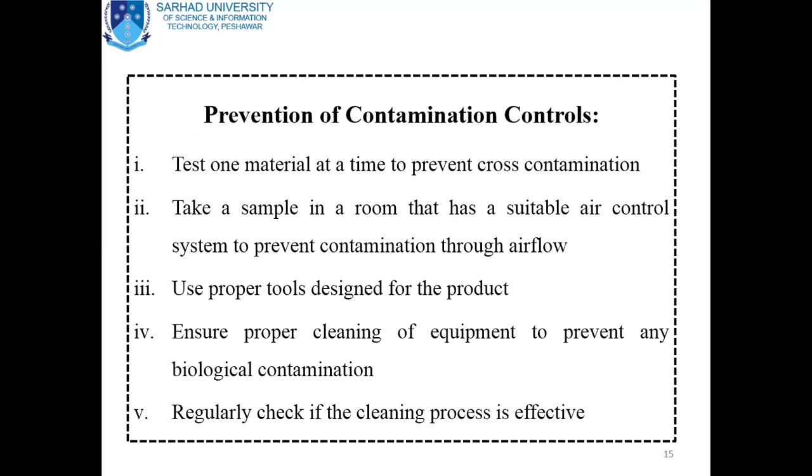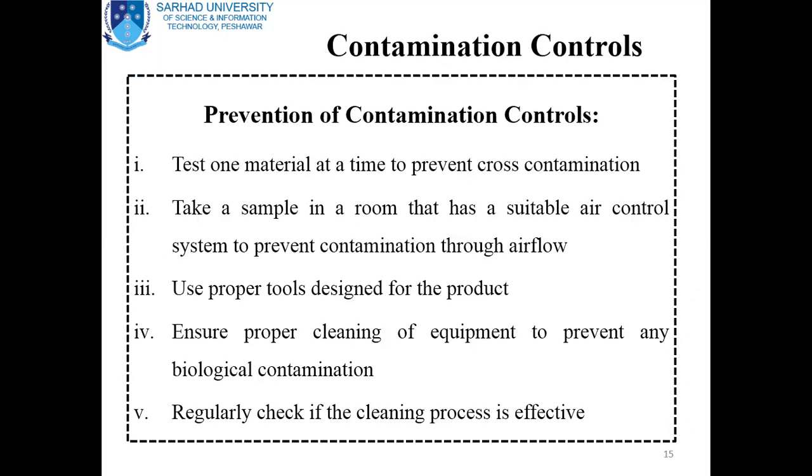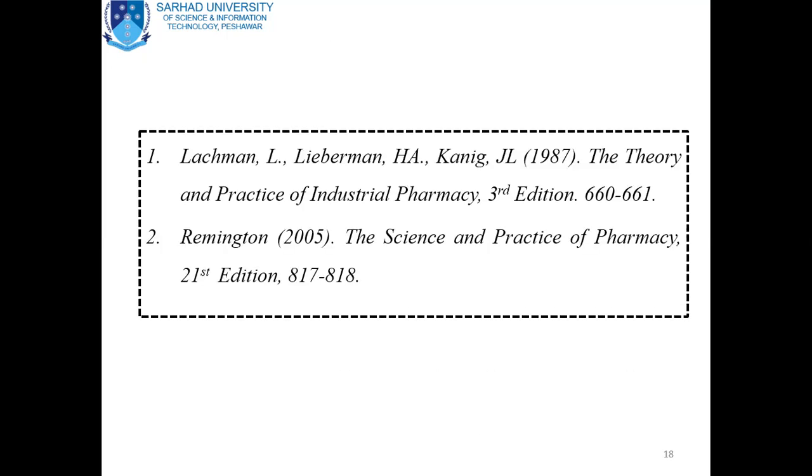Finally we discussed the general guidelines for prevention of contamination in the pharmaceutical industry. Whether the contamination is physical, chemical or biological, if we follow these 13 steps, we can prevent contamination in the pharmaceutical industry.